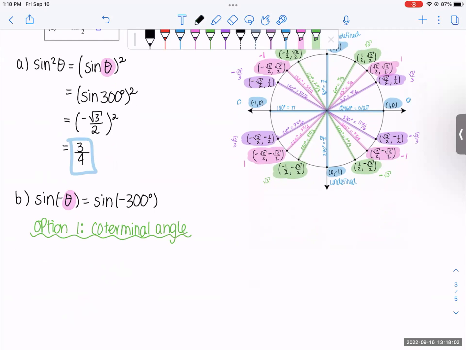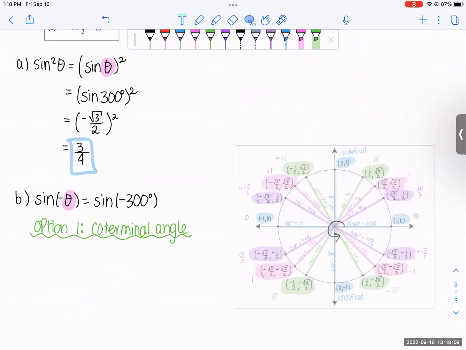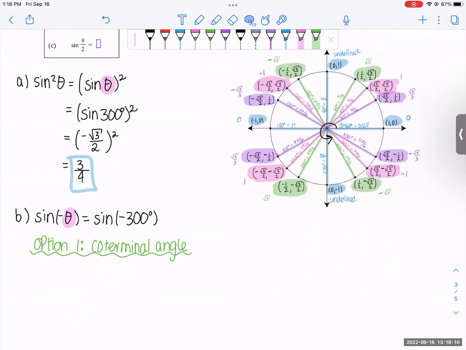So 300 degrees in the positive direction goes to here. Let's see if I can. I was hoping I could pick up that little arrow and spin him around, but I won't be able to do that. So 300 degrees in the positive direction goes this way. 300 degrees in the negative direction goes the same amount, but it's going to go clockwise instead of counterclockwise.